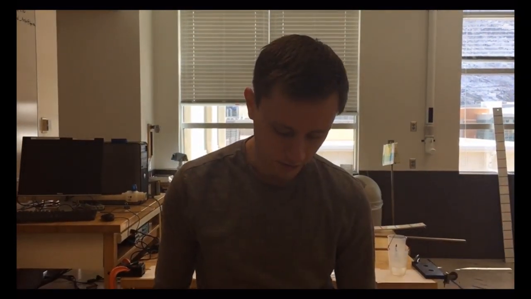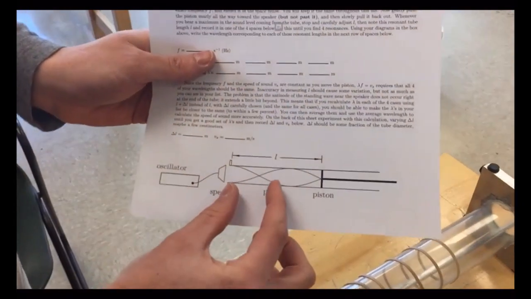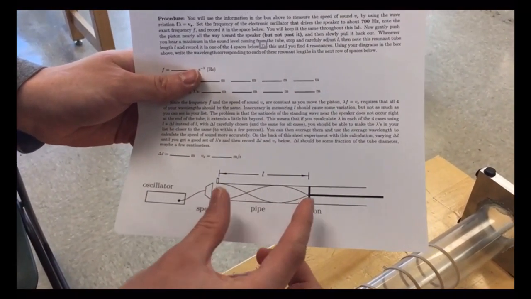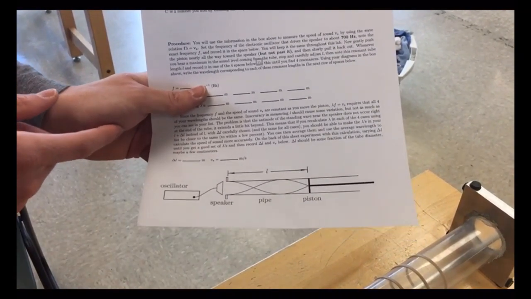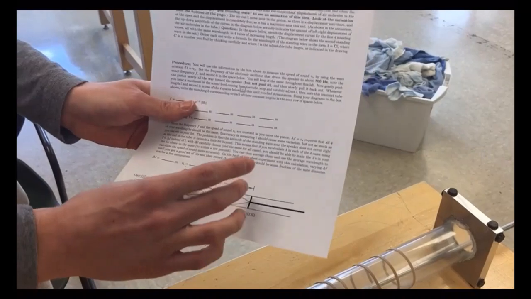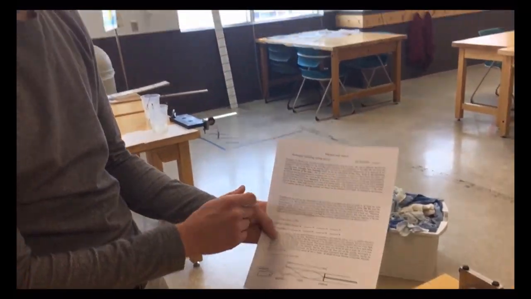You should have, in the beginning, drawn out, in similar form as this, what the waves would look like for the first 4 positions, and then based on that, you should be able to calculate the wavelengths.